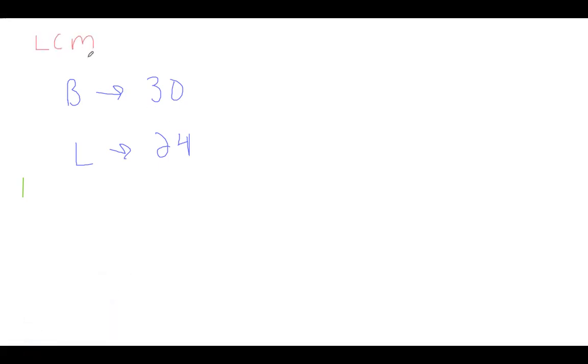LCM question, least common multiple, because we're going to say, okay, there's Bill, his first test, 30 questions. And then after he takes the next test, it will be 60. Take another one, 90, and another one, 120.